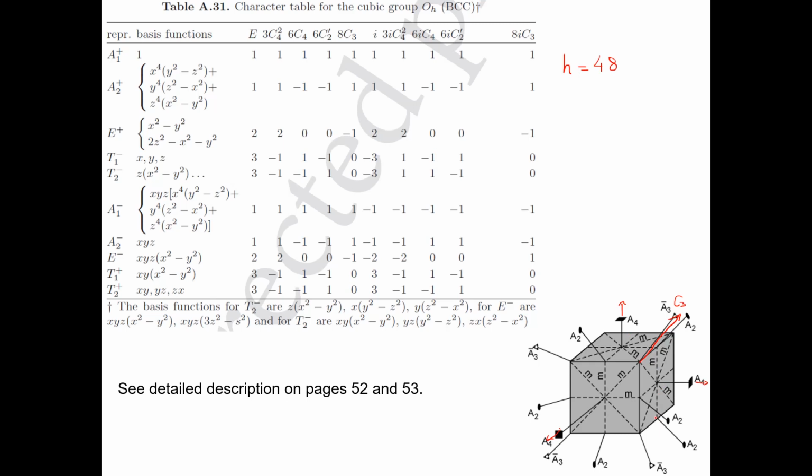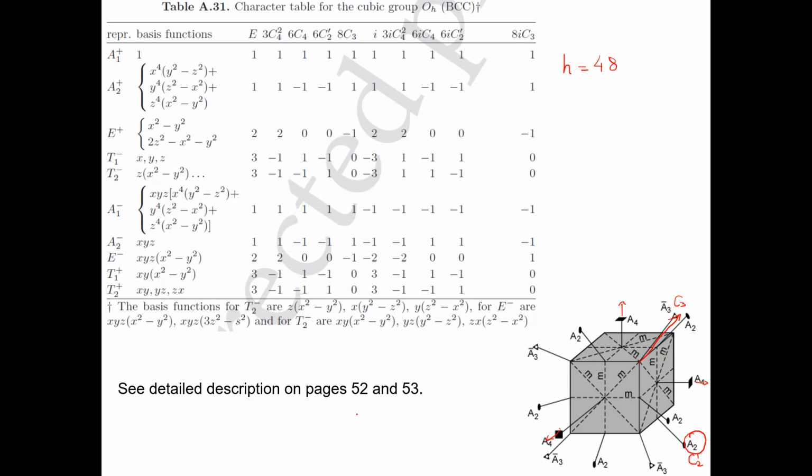You have a rotation axis that goes through the center of the edges of the cube. In this notation, in this figure, it is labeled A2, but we call it C2. These are C2 prime axes, and you have very many different mirror planes, so reflection planes. So the cubic group has a lot of symmetry operations.